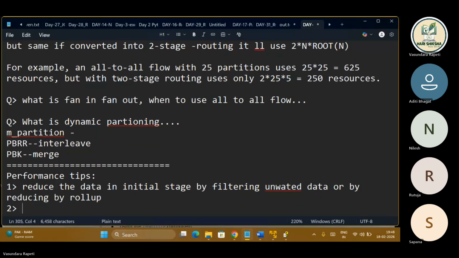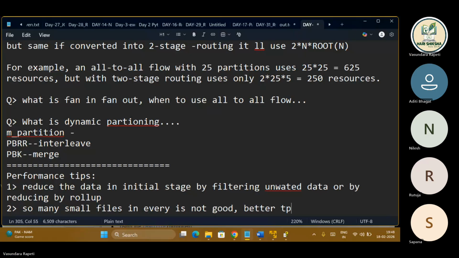Second, small file size. So many small files in every run is not good.